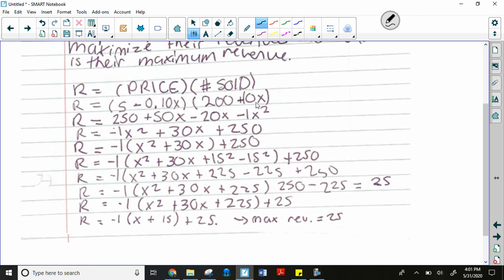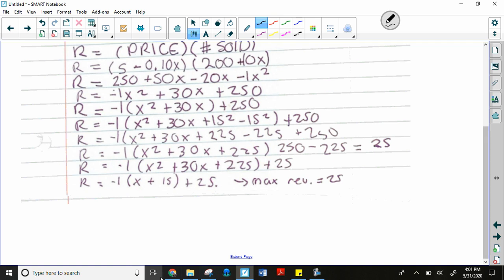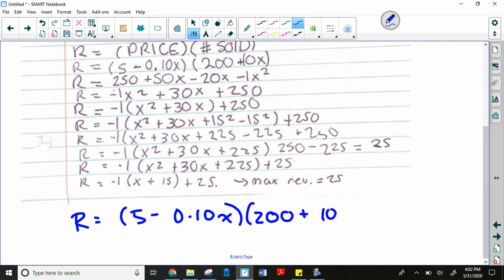So let me foil with you just to double check, because it's never bad to have a second set of eyes. Okay, so I'm confused right off the get-go. 5 minus 0.10x. Let's go. Revenue equals (5 minus 0.10x) multiplied by (200 plus 10x).